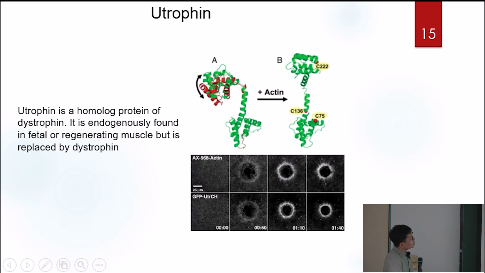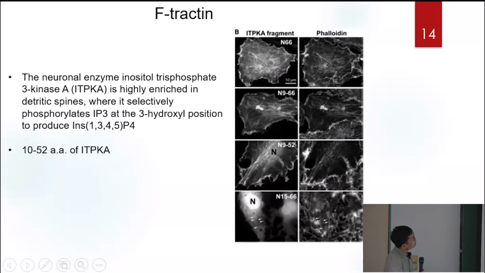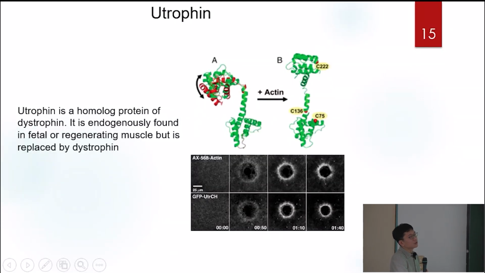So basically, phalloidin, F-tractin, and utrophin are different methods. These are different actin-binding proteins fused with GFP to visualize actin filament. But most people still use LifeAct because it's only 17 amino acids. It's pretty short, so it probably has less effect on actin dynamics compared to these two.